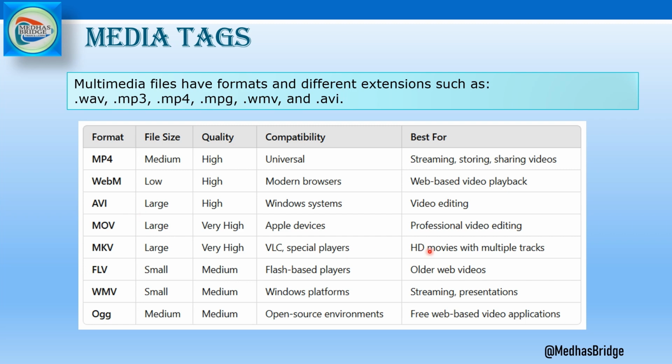You can also see applications of each format. mp3 is for streaming, storing, sharing, and webm is basically web based video playback. Mostly these days we will be using this one. For video editing, avi, mov is professional video editing, mkv is HD movies with multiple tracks, like that.